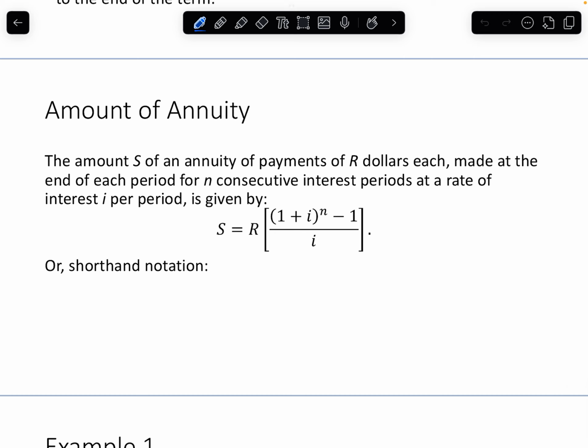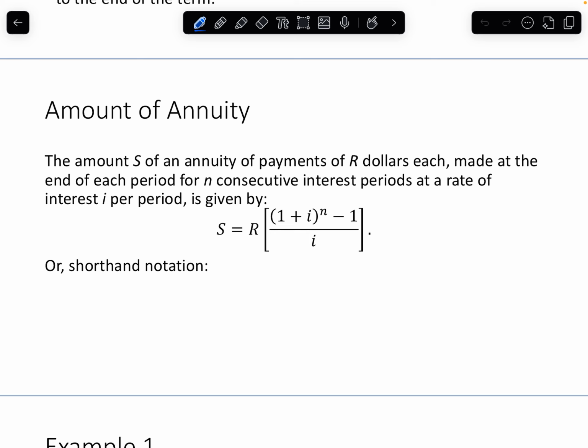So, as an equation, the amount of the annuity, S, of payments of $R each made at the end of each period for n consecutive interest periods at a rate of interest i per period, is given by S is R times the quantity (1 plus i) raised to the nth power, minus 1, divided by i.